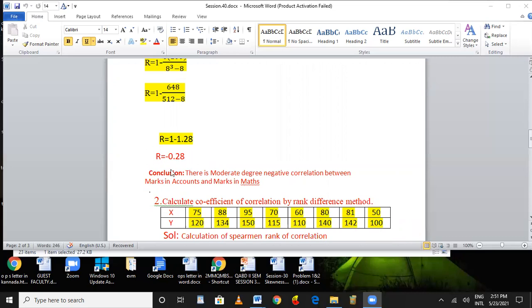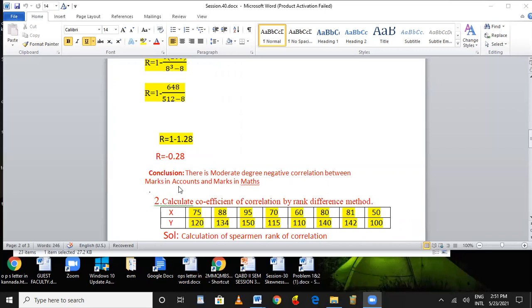So this is the R. R means the rank correlation coefficient given by Spearman. Here the correlation is negative. It is the degree of correlation between the marks in accounts and maths.